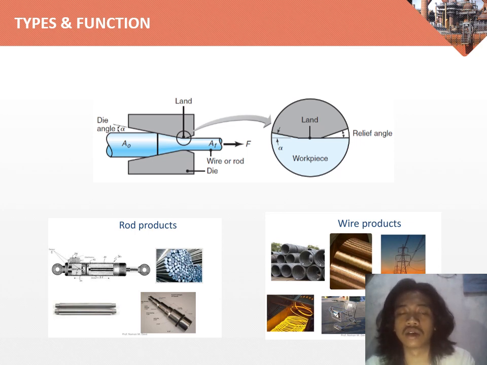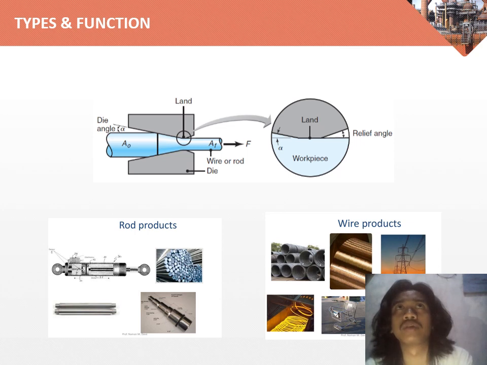Usually the die is mounted on a draw bench, like a table where the drawing machine is attached. The end of the workpiece is reduced or pointed to get the end through the die, and then the end is placed in grips, and the rest of the workpiece is pulled through the die.